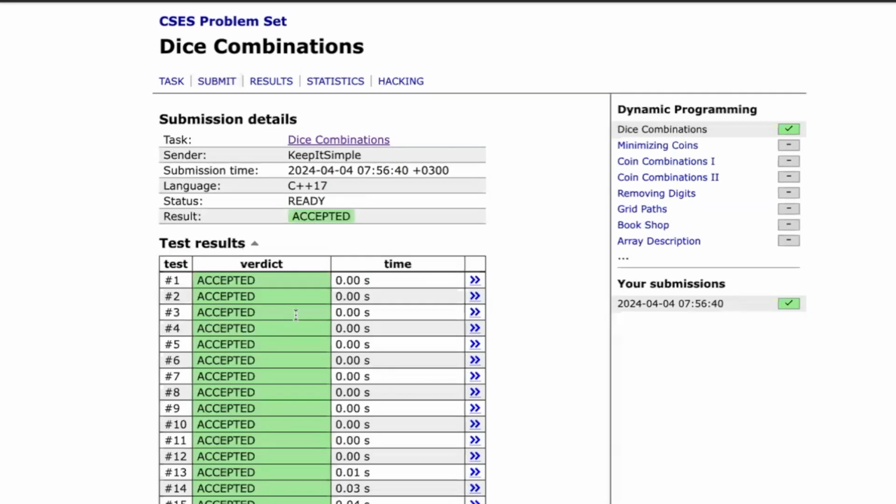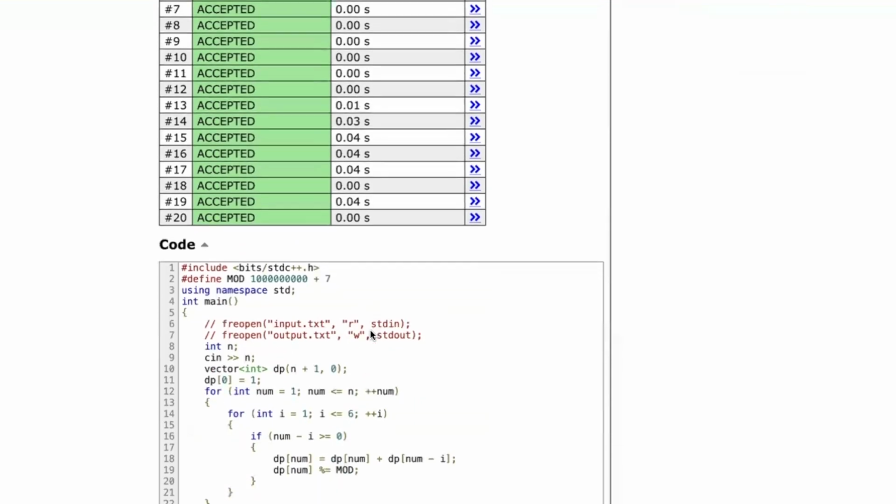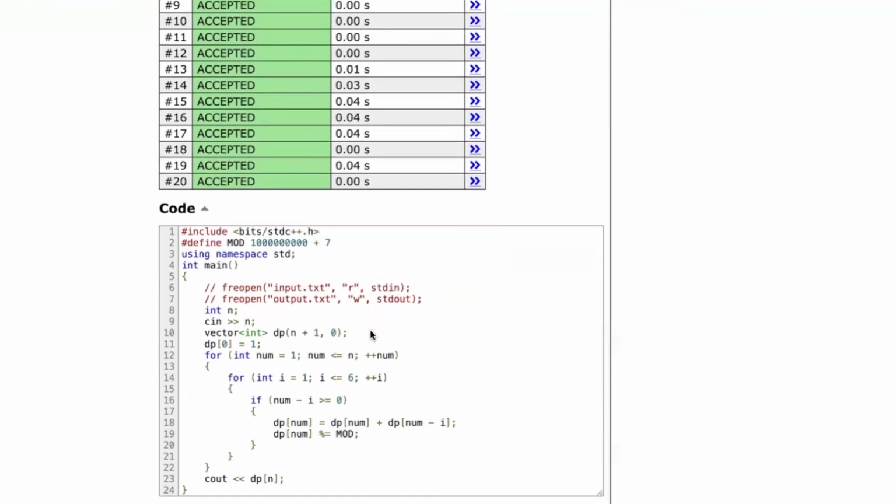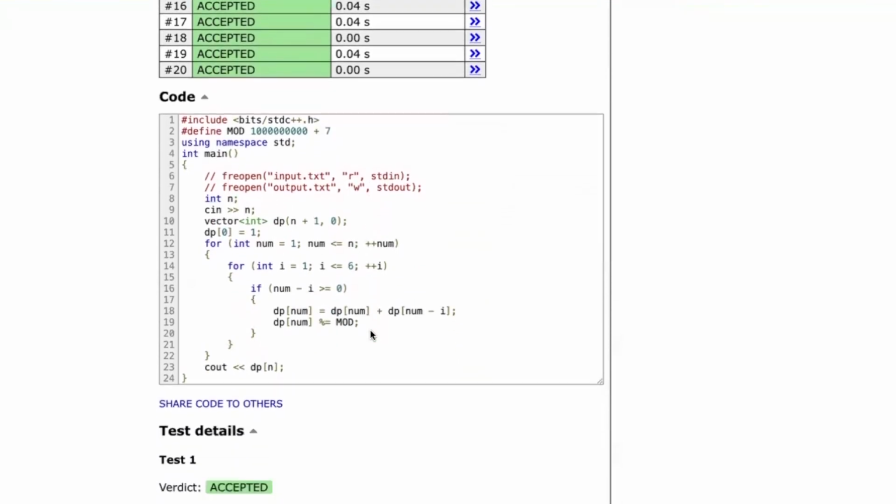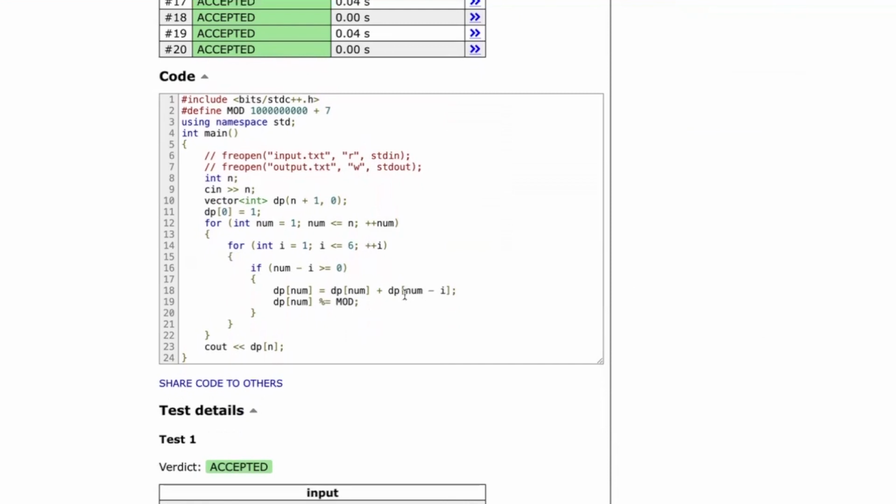And it gets accepted. So the other task which I was talking about, apart from writing the recursive DP using memoization, is that if you see carefully, we are only using the last six values of DP. So for calculating dp of num, in the worst case scenario, you need num minus 1, num minus 2, num minus 3, num minus 4, num minus 5, and num minus 6.